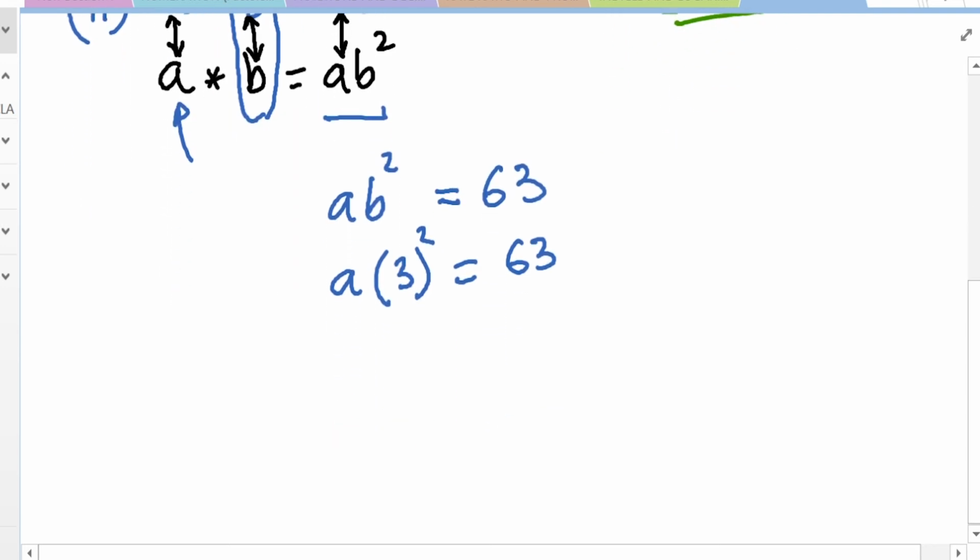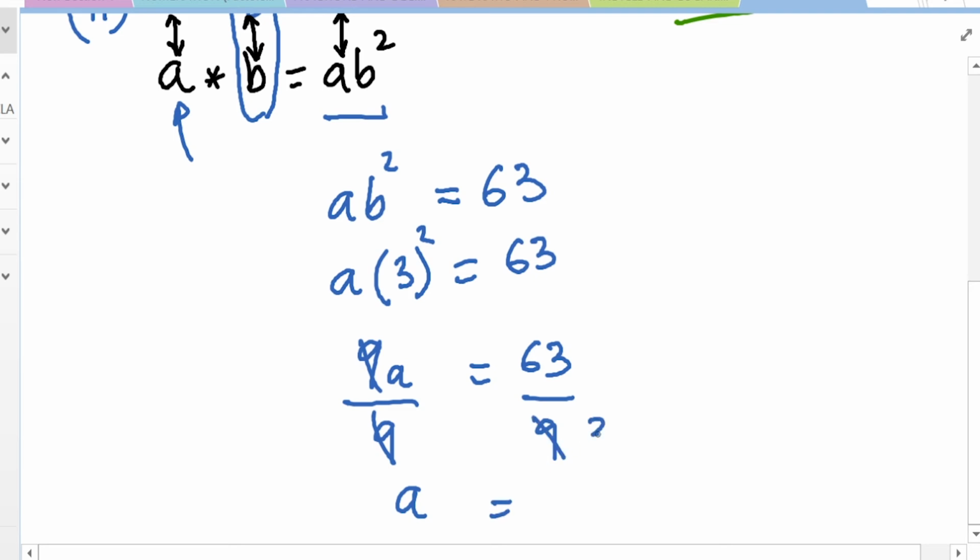So let's go on and find the value of a. That's going to become 3 squared is 9, so it's 9a, giving us 63. Divide both sides by 9. Our value of a will be 63 divided by 9, which is 7. So our value of a is 7.